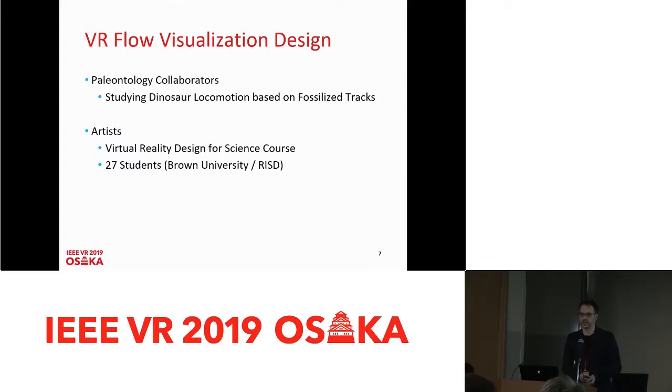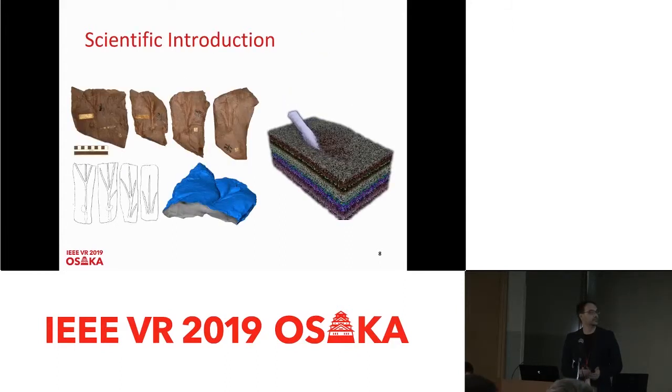And as artists, we use the students of the virtual reality design for science course that is offered from Brown University in collaboration with the Rhode Island School of Design. And over the course of 2 semesters, we got the help of 27 students. So the first step is the scientific introduction.